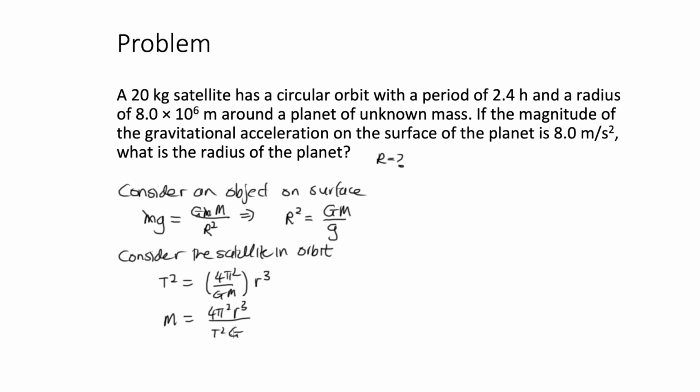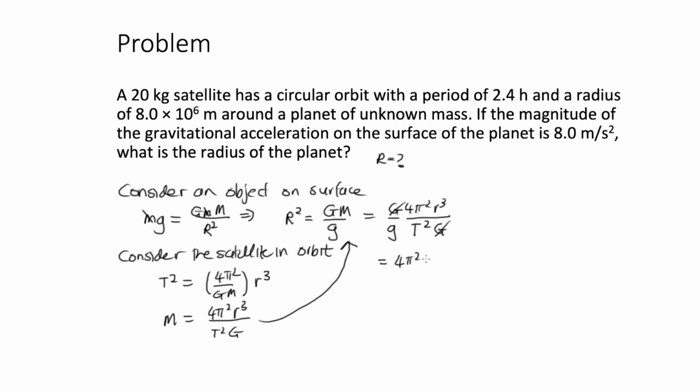And we can now substitute this back up into this equation. So we've now got g on G times 4 pi squared R cubed divided by the period squared times G. So our universal gravitational constant cancels out from the top and the bottom, and now we can substitute in the values from the question.